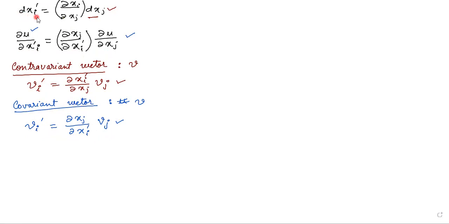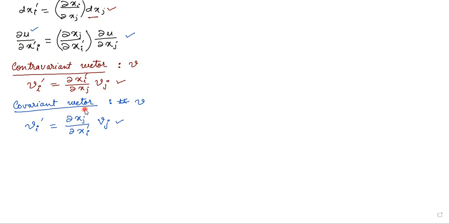So the differentials of the coordinates are the components of the contravariant vector, and the contravariant vector is the displacement vector. And the partial derivatives of a function are the components of a covariant vector. So we have defined two types of vectors, contravariant vector and covariant vector.